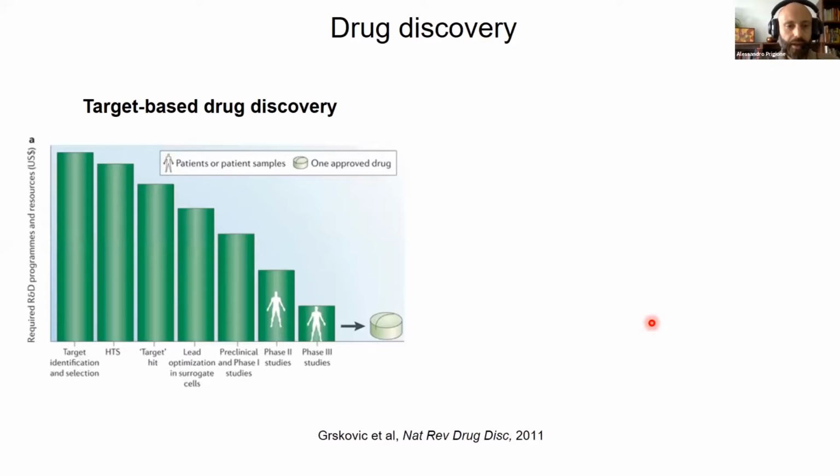I just want to highlight some of the challenges when we think about the drug discovery path. We have to start with identification of a target and then do a preclinical phase in different models before going to study in humans.